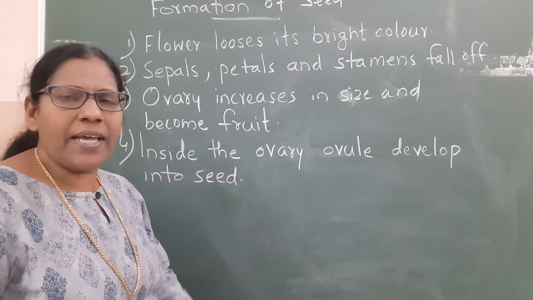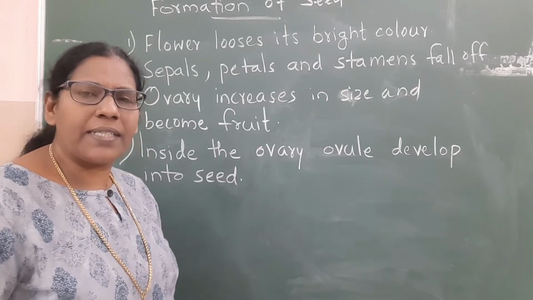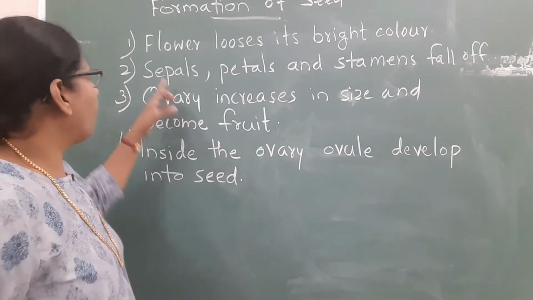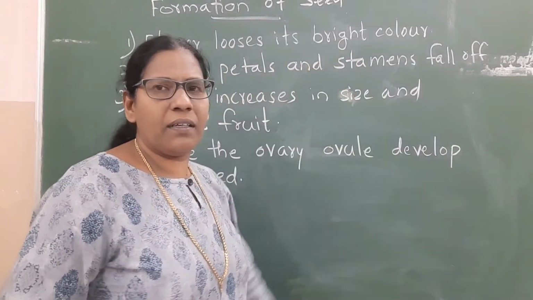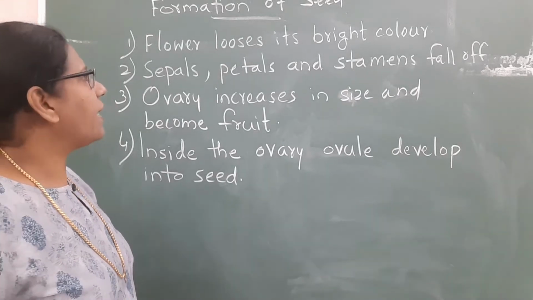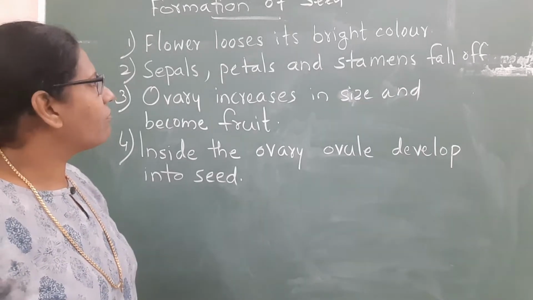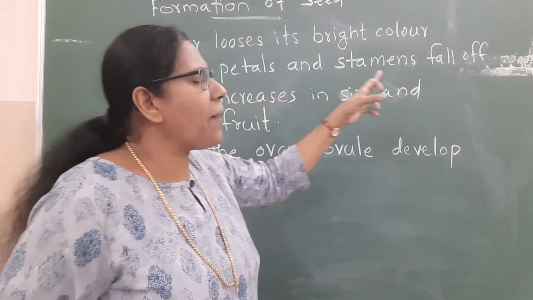Now after fertilization, what happens to a flower? That is what we are going to see now. The first thing, the flower loses its bright color. Second thing, sepals, petals and stamens fall off.